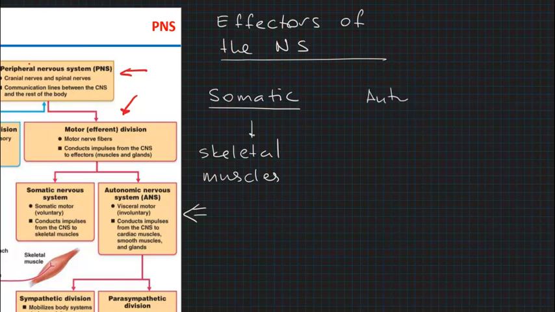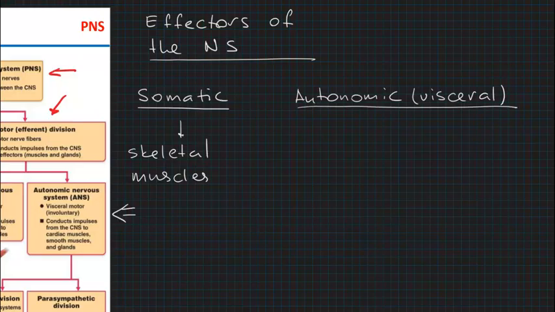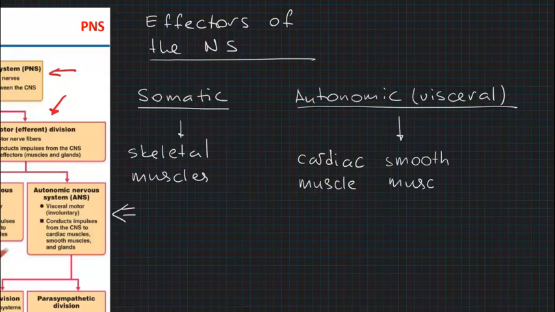The autonomic branch, also known as visceral, the effectors are cardiac muscle, smooth muscle, and various glands.